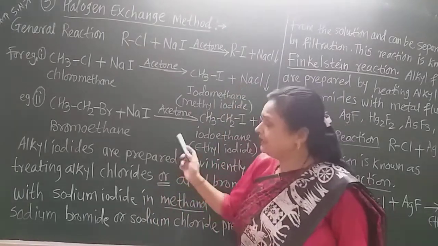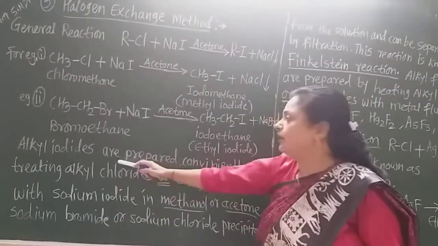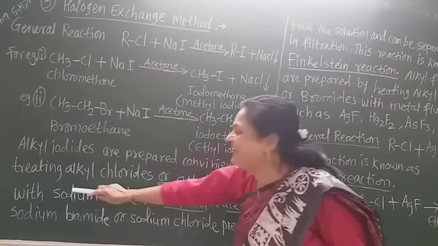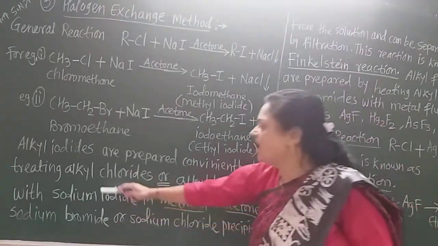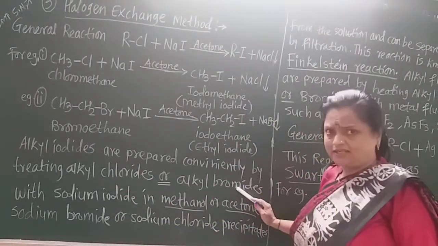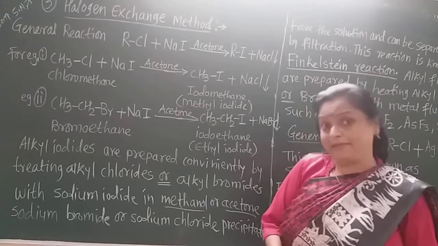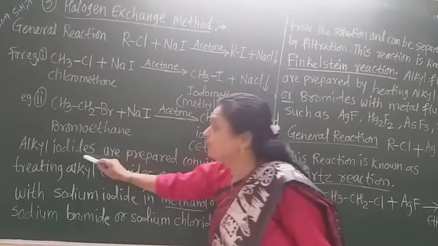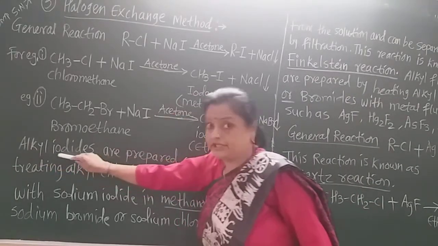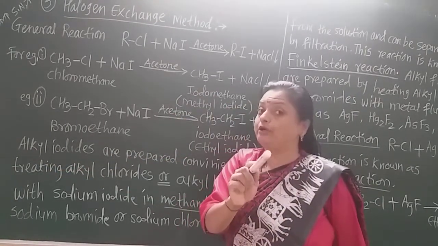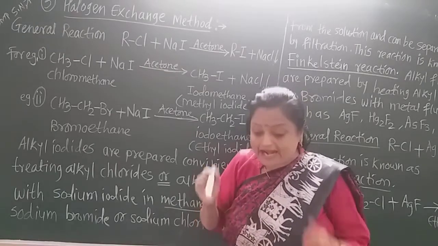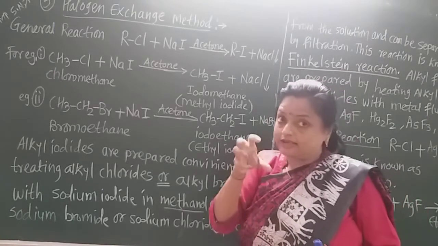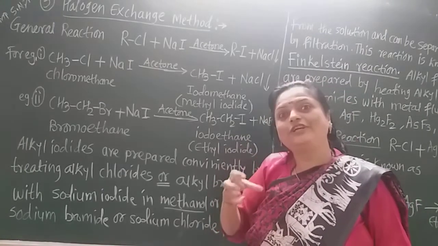So what is there in how alkyl iodides are prepared? This is the point of the short note. Conveniently, by treating, means reacting, alkyl chlorides or alkyl bromides. Conveniently means in a simple manner. Alkyl iodides are prepared, especially iodides. Now highlight, it's very important. You should also have the habit to highlight some words, so that the checker of the board papers catches those highlighted points and gives you full marks.